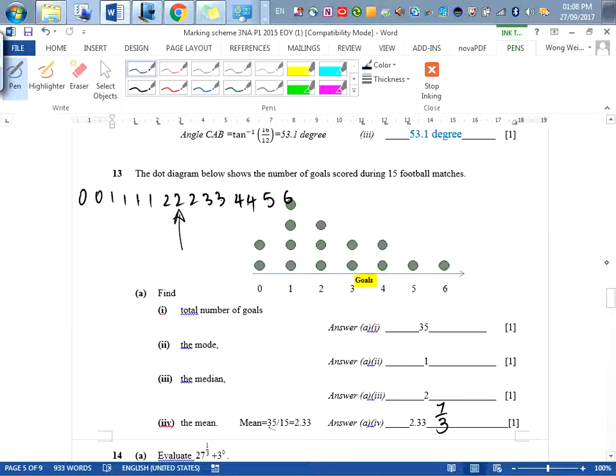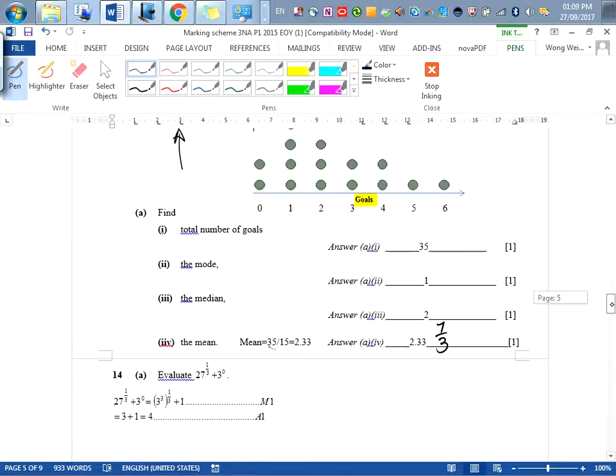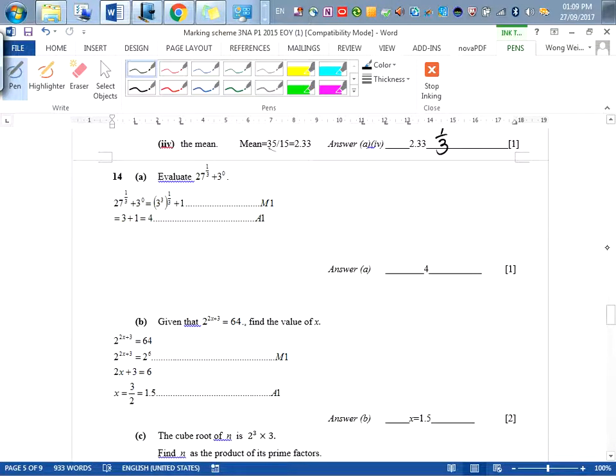Right? 7/3? 2 point... Why not leave it as 2.33? You have the exact value. I said this before many times already. I don't want to say it already. Okay, evaluate. Happy now? Like that?